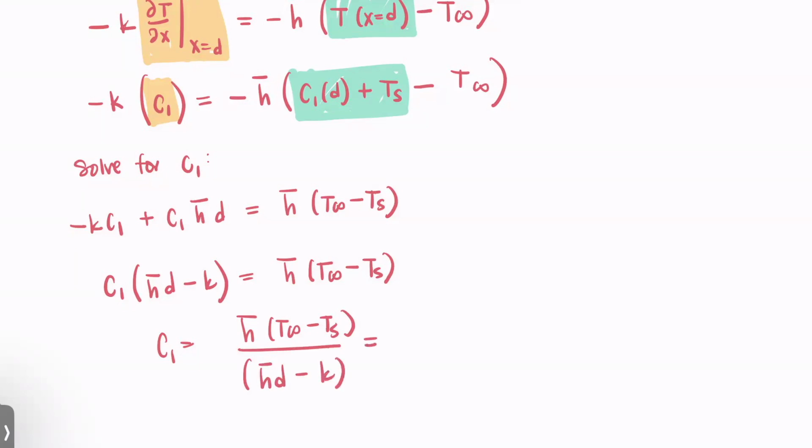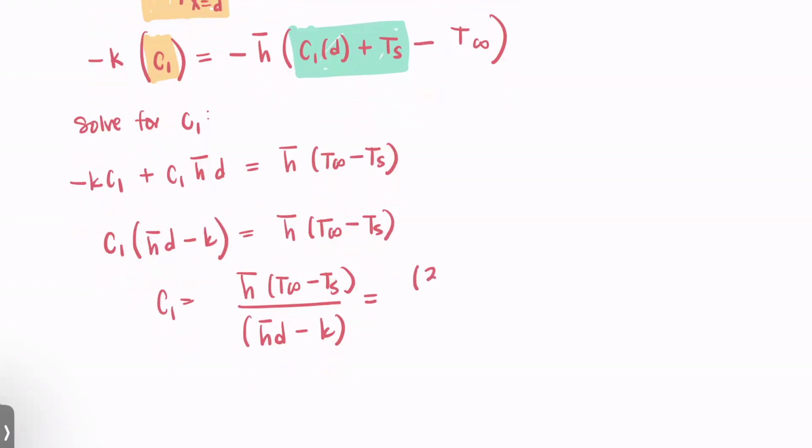We have all of these values, so we can plug them in. So I have h bar times 316.48 K minus 344.26 Kelvin.